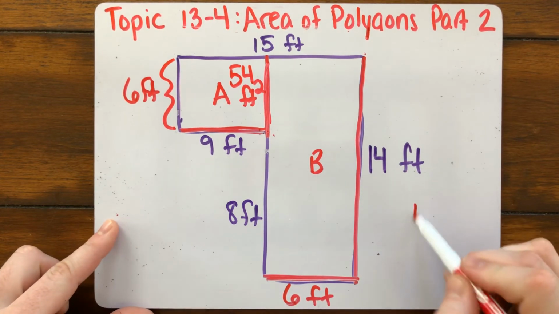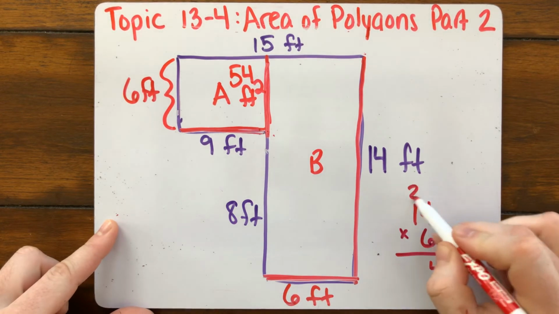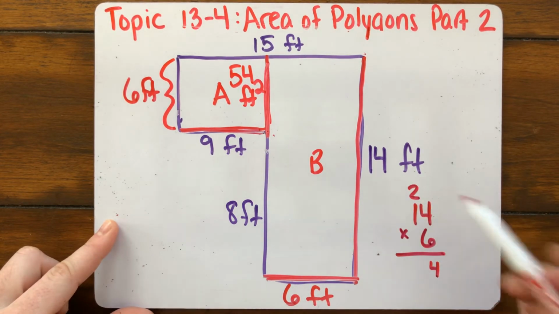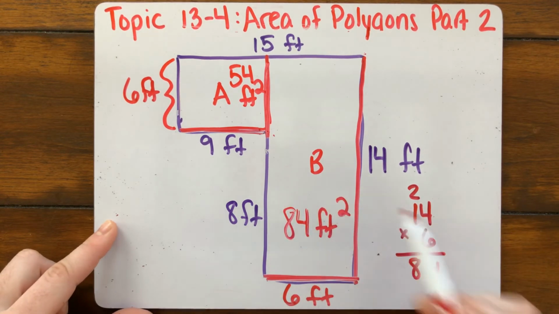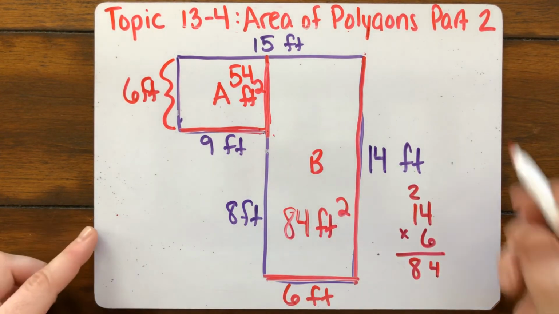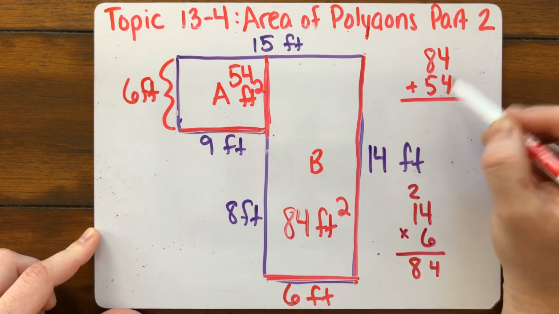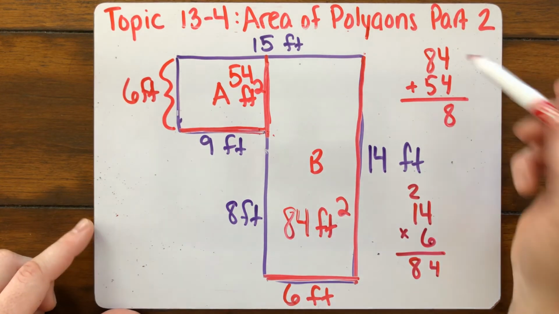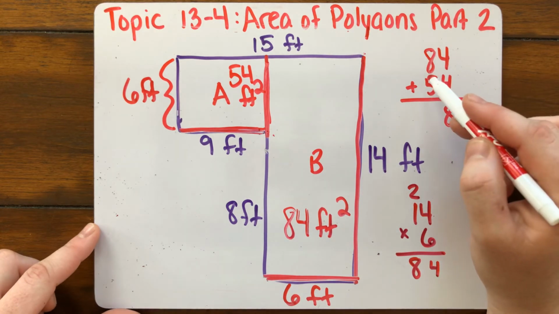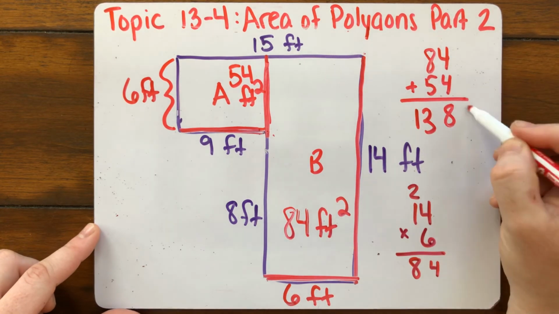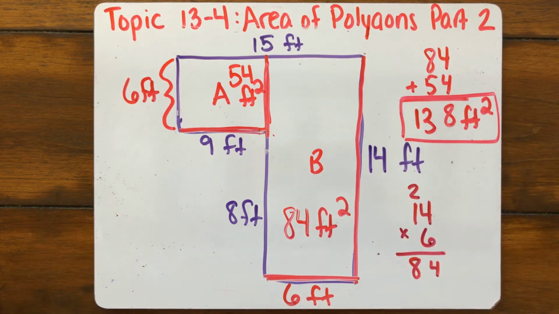So 14 times 6, we can do some multiplication on the side. 6 times 4 is 24. 6 times 1 is 6 plus 2 is 8. So this is 84 feet squared plus 54, because we want to find the total area. That is 138 feet squared, and that is our total area of this shape.